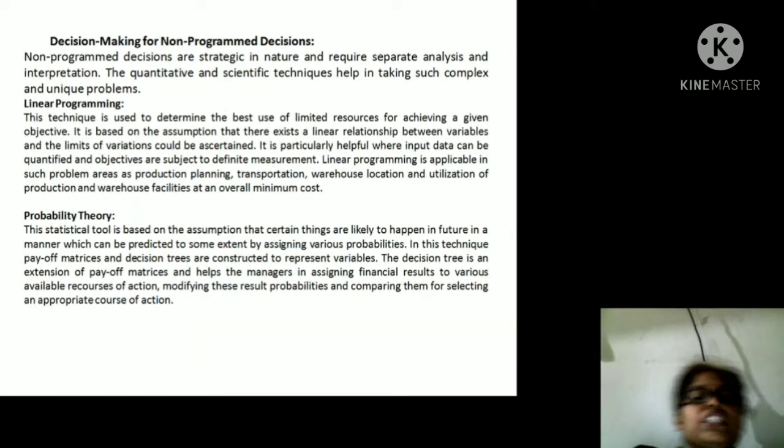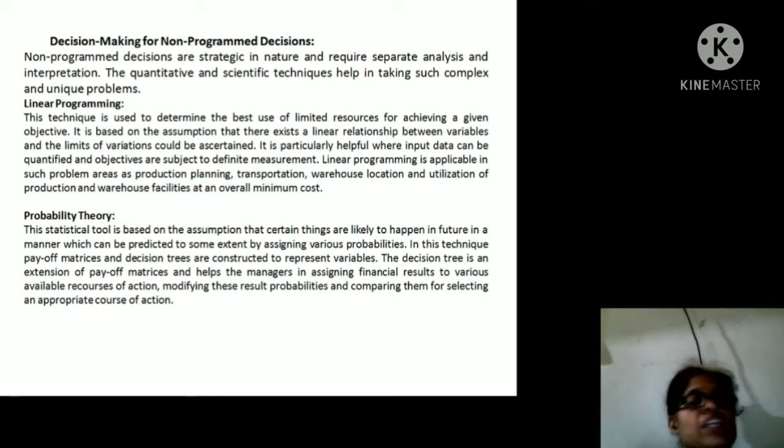Now, decision making for non-programmed decisions. Non-programmed decisions are strategic in nature and require separate analysis and interpretation. Quantitative and scientific techniques help in solving such complex and unique problems. First, linear programming. This kind of decision making is generally adopted in big areas like production planning, transportation, warehousing location and utilization of production.